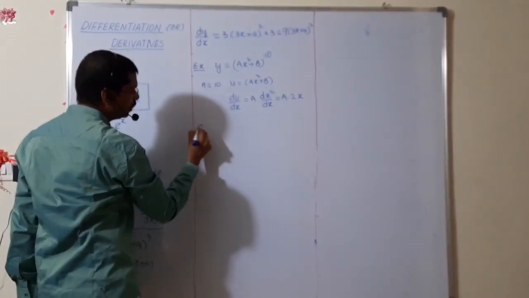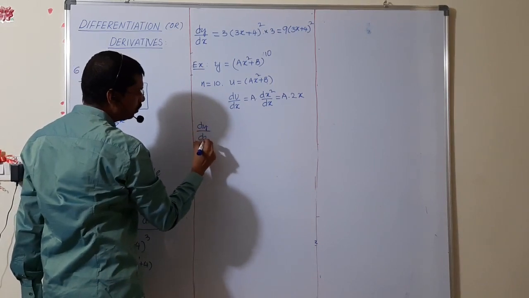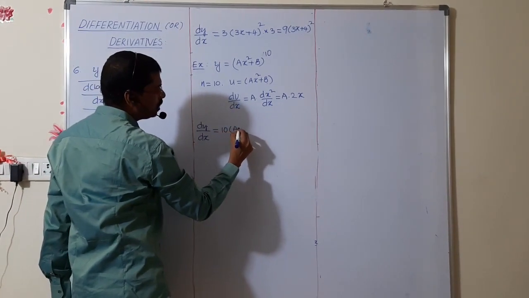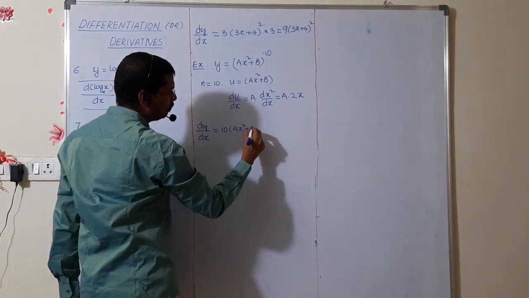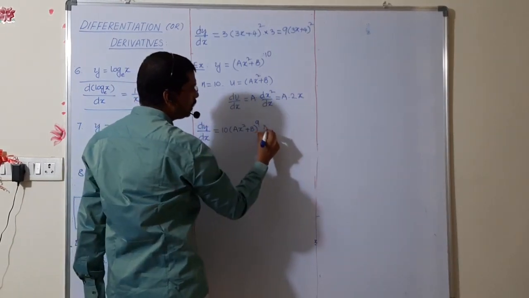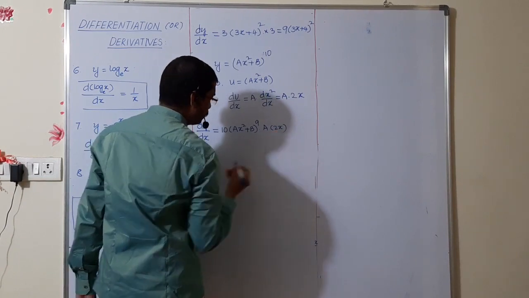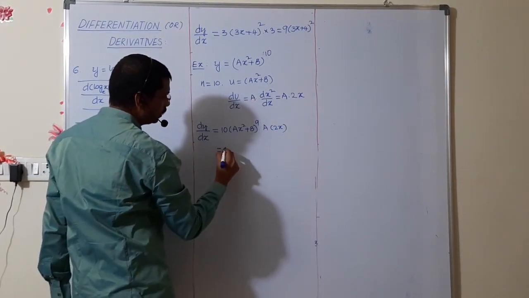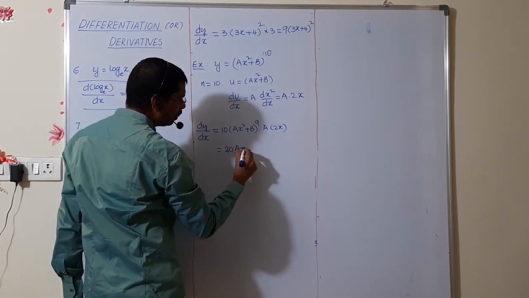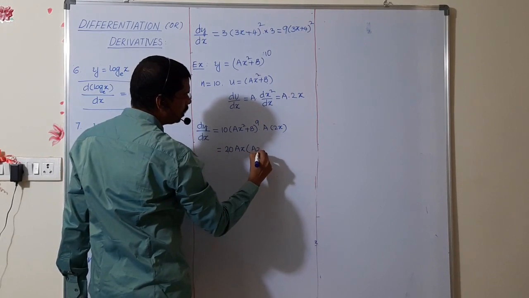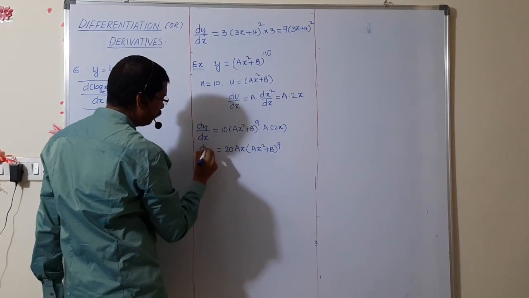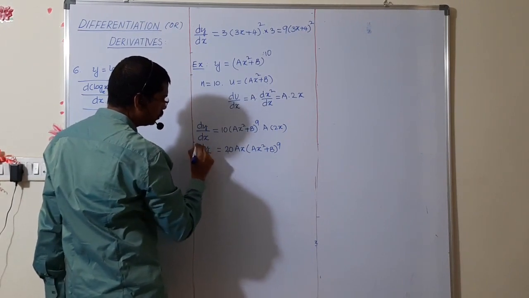Now substitute the value: dy upon dx is equal to 10 into ax square plus b, 10 becomes 9, and du upon dx value is a into 2x. Now what can we write? What is the answer? 20ax into ax square plus b to the power 9. This is our final answer for our solution.